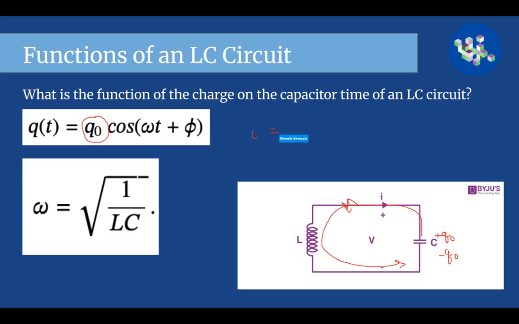You can see that I equals dq/dt, which equals negative omega q naught sine of omega t plus phi.